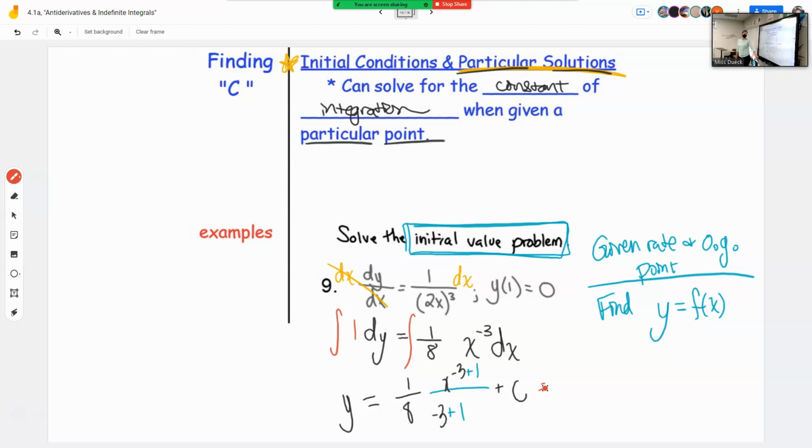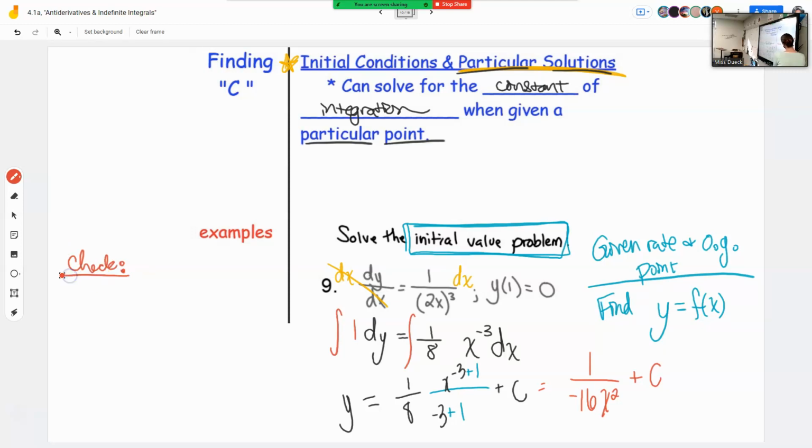And you'll end up with negative 3 plus 1 is negative 2 times 8 is negative 16. X to the negative 2 is going to end up making it x squared in the denominator, but we're not done yet. Double check me though if you want. Negative 1/16 x to the negative 2.